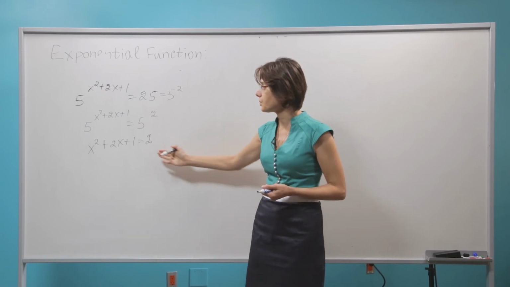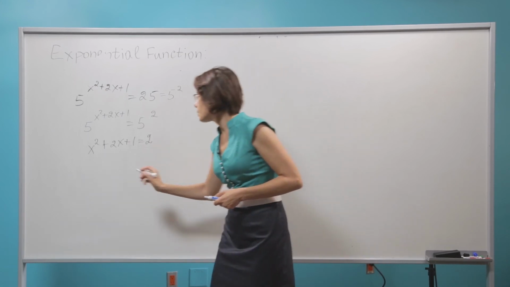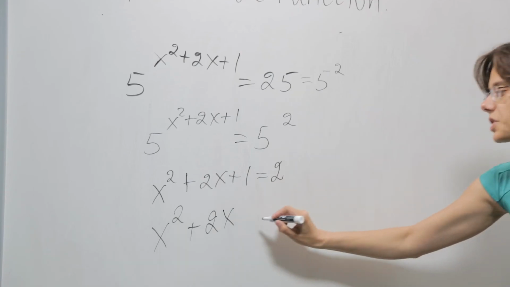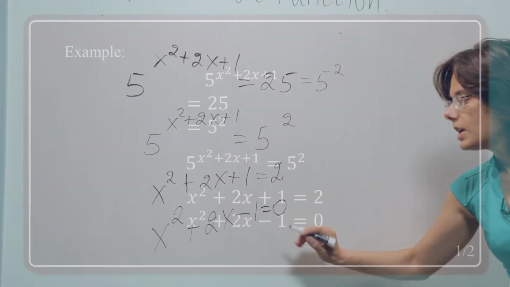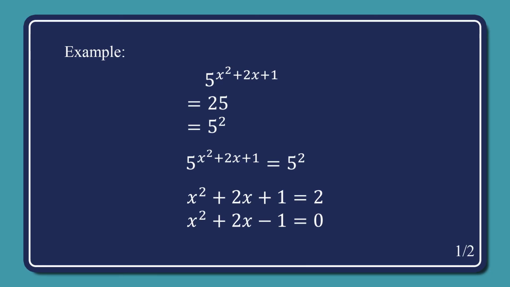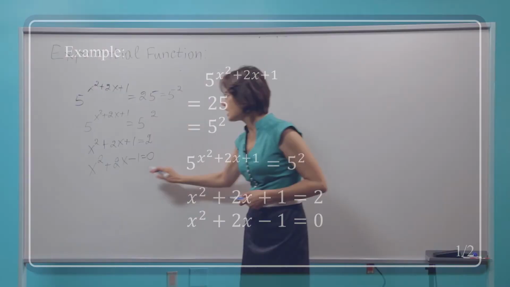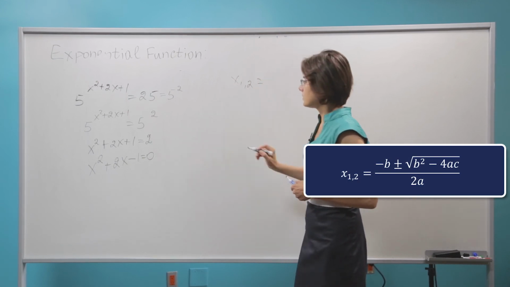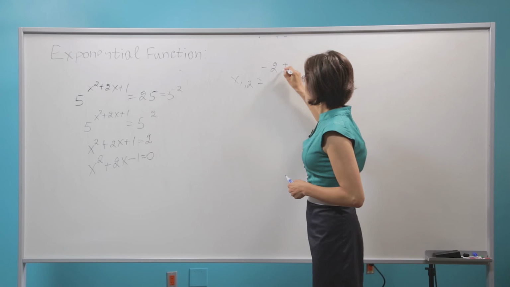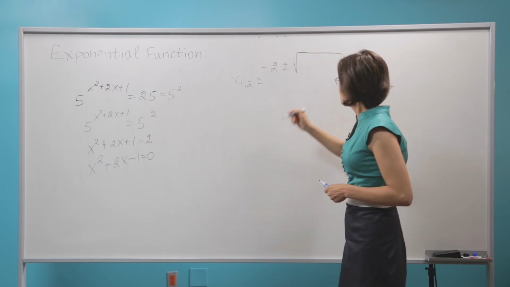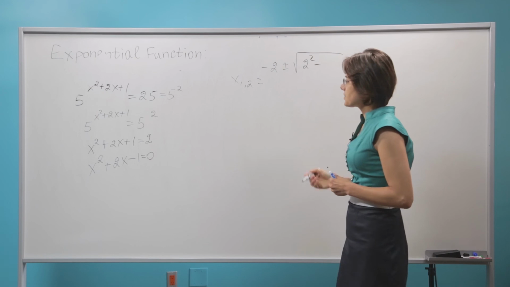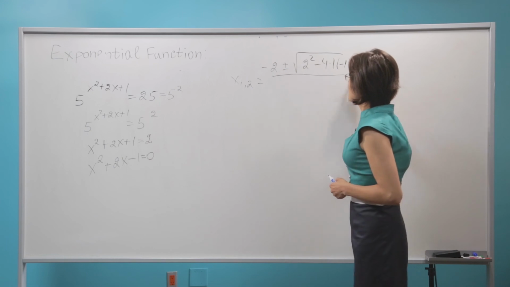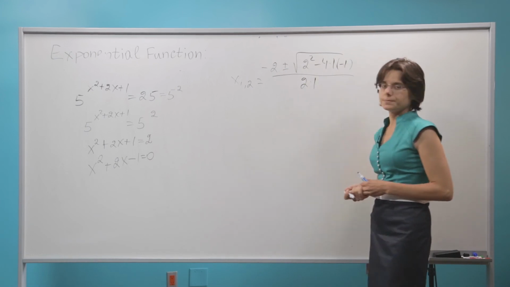And now it's only left to solve this quadratic equation. So we can simplify it. x squared plus 2x plus 1 minus 2, which gives me minus 1, equal to 0. Now we have to use the discriminant formula. x1,2 would be equal to minus b, which is minus 2, plus or minus square root of b squared, which is 2 squared, minus 4 times a, which is 1, times c, which is minus 1, divided everything by 2a, 2 times 1.